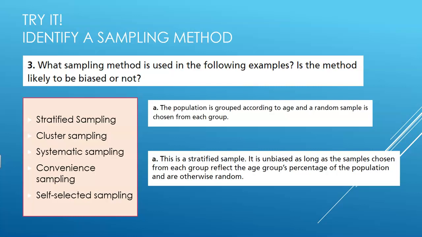Okay. Do you remember the stratified one? You have people grouped, but you sample from each group percentage-wise. So this is a stratified sample. It's unbiased as long as the samples chosen reflect each age group's percentage of the population and are otherwise random.